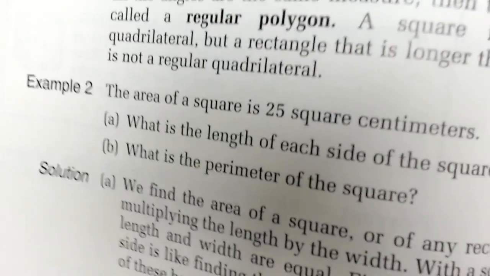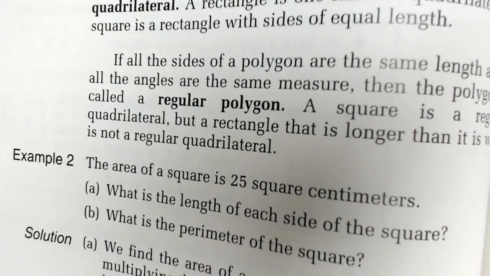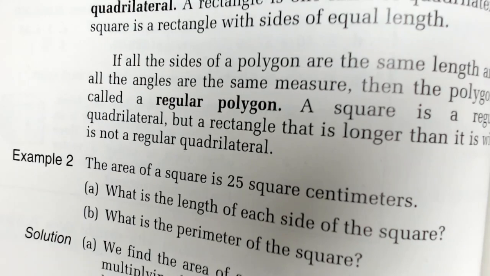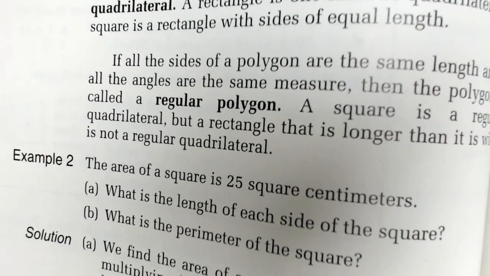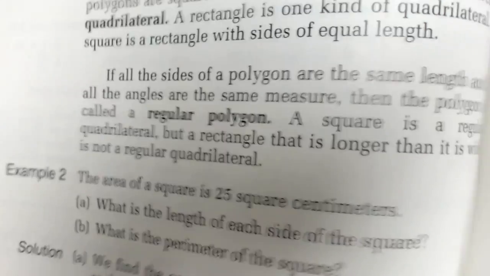Now, let's talk about this bold word right here, regular polygon. A regular polygon is interesting. A regular polygon has all sides equal length. All right, so if all the sides are the exact same length, then it is a regular polygon. So the example they give is with quadrilaterals.